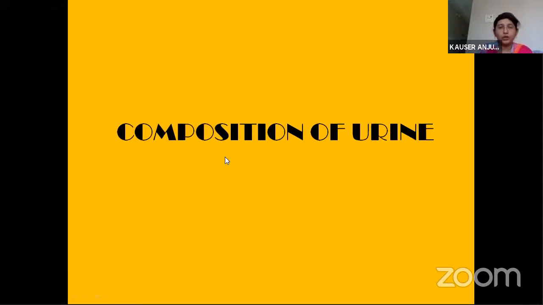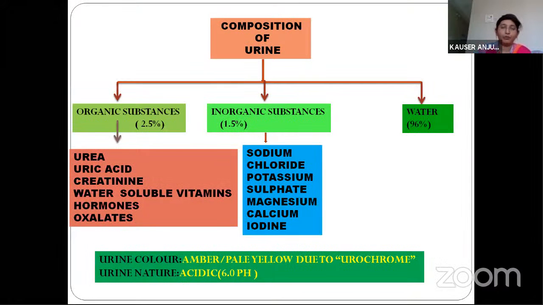Now coming to the next topic, that is composition of urine. In the previous class, I explained to you about the composition of urine. Urine contains organic substances, inorganic substances, and water. Organic substances make up 2.5%, inorganic substances 1.5%, and water 96%.